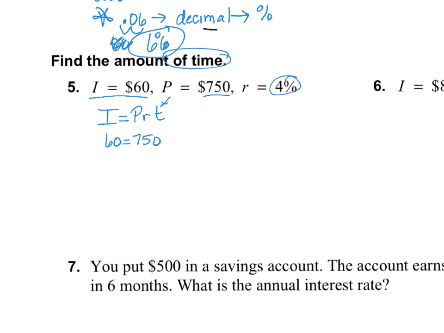My rate, I have to change from 4% to 0.04, times T. Well, look at the formula. We take $750 times 0.04, and we get 30. So 60 equals 30 times T. Divide both sides by 30, and T is going to equal 2, and that is 2 years.